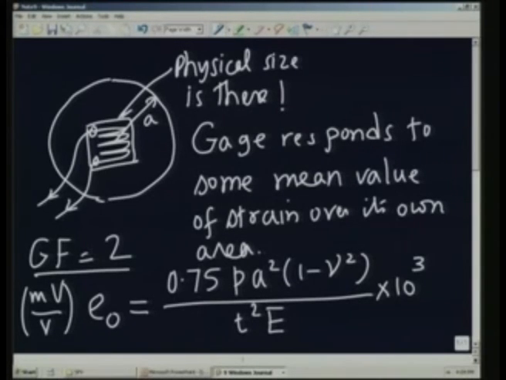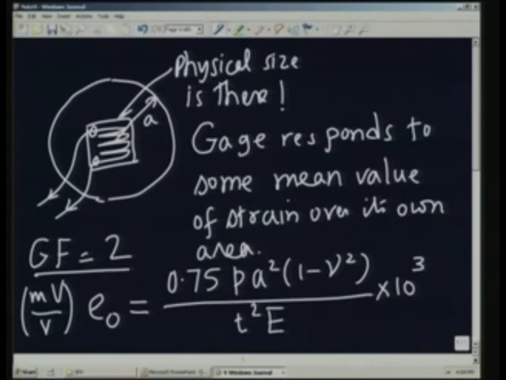Okay. So, the gauge responds according to this formula, because this is obtained by integrating the effect felt by the gauge over its own area when it is placed on the surface of an element which is undergoing strain or deflection. So, this is the background for the physical aspects of the problem.